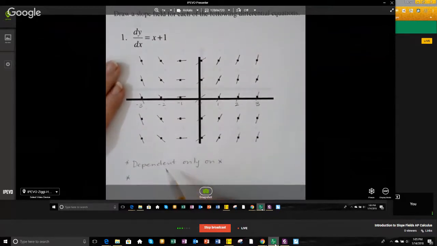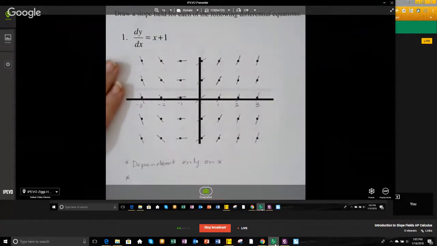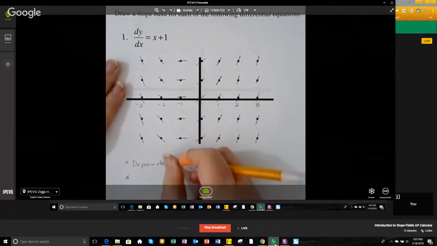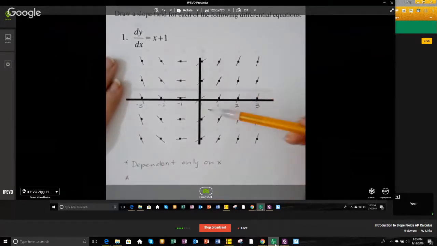Okay, so this slope field is, like I said, dependent only on x because it has only an x in its derivative. And so for every x, the slope is the same. Well, we call these isoclines.